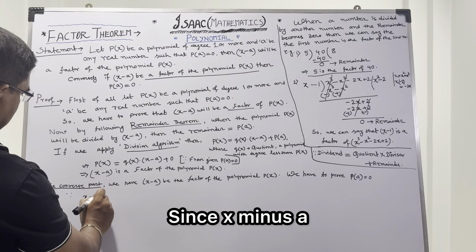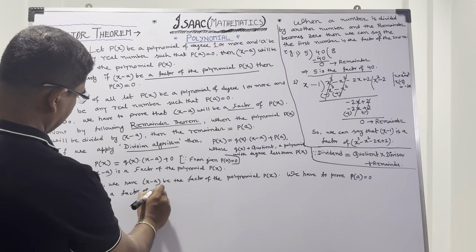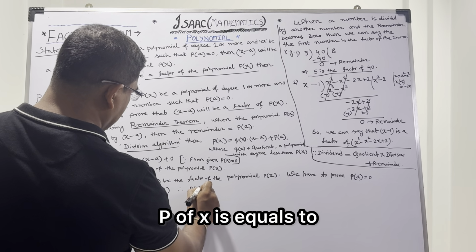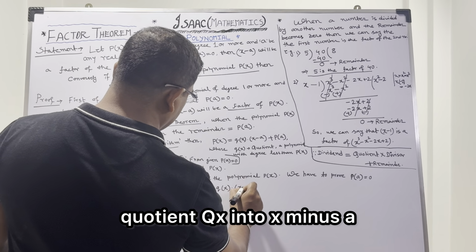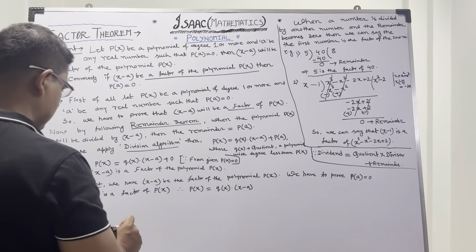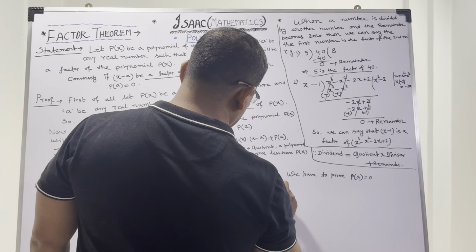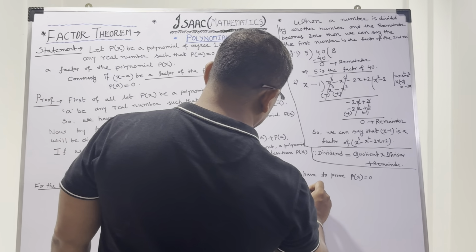Since x minus a is a factor of the polynomial P of x, therefore P of x is equal to quotient Q of x into x minus a, which implies remainder equals 0, because already we know when a polynomial is a factor of another polynomial, then in the case of division the remainder becomes 0.